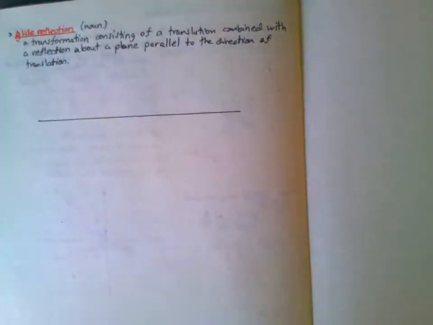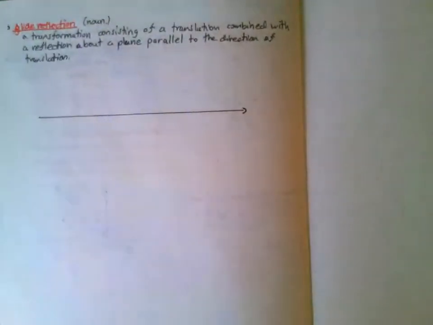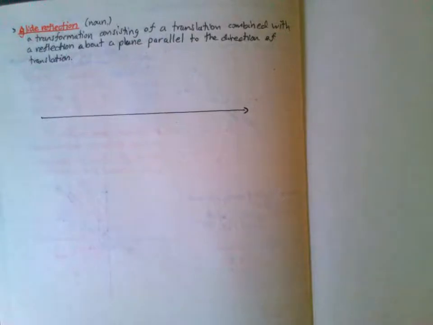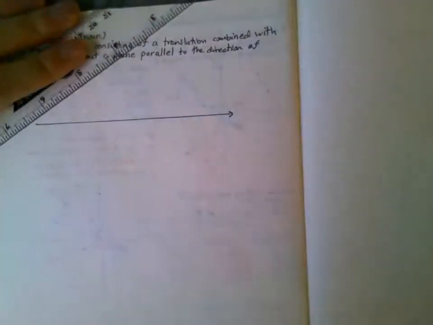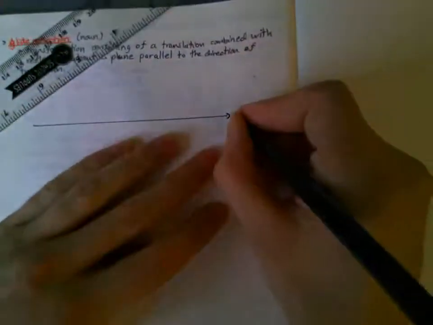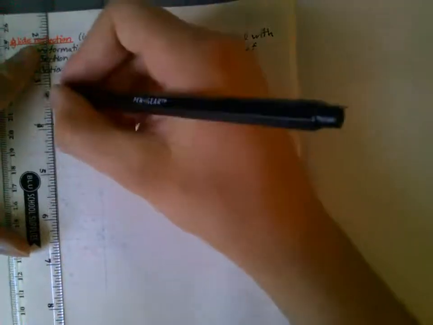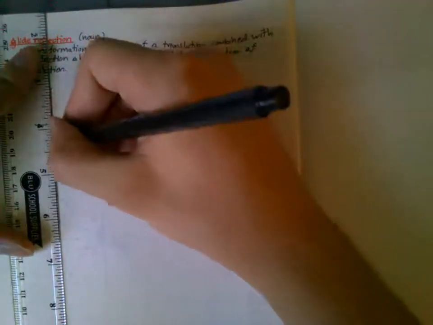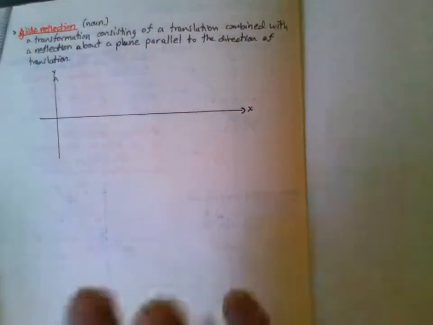Let's say, for example, here's what I got. I have just a normal triangle, nothing crazy. We only need to really worry about the x-axis here, but I will put the y-axis over here on the side just so we have it for connotation, if you will.